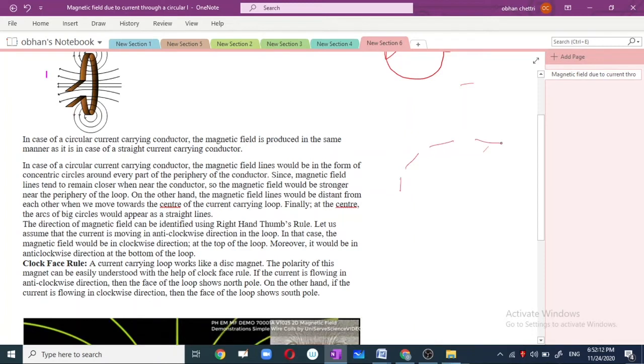I'm considering a straight current conductor in the form of a circular loop. If I take this, now the current is flowing in the anti-clockwise direction, that means this direction. So I'll make the arrow.